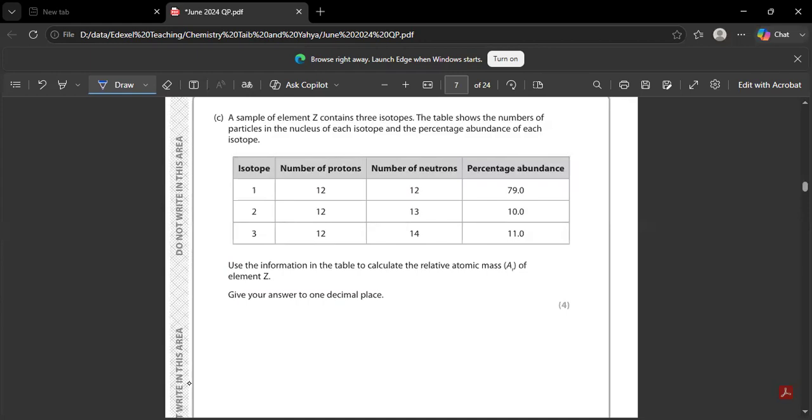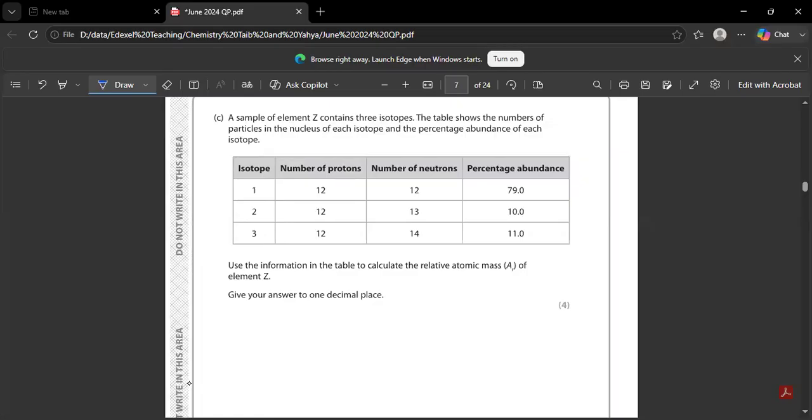We have to use this information to calculate the relative atomic mass of the element.